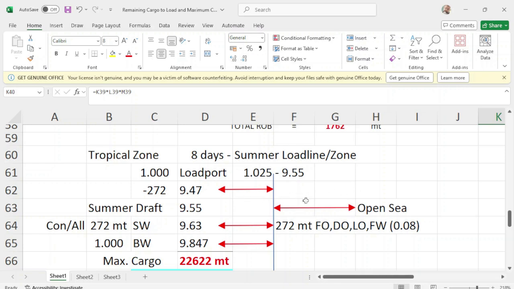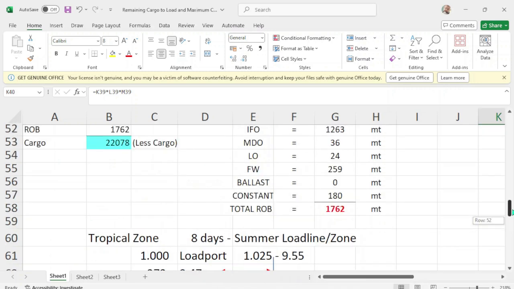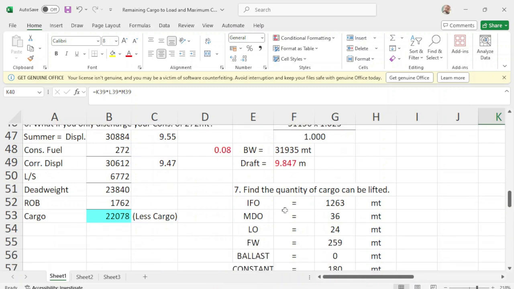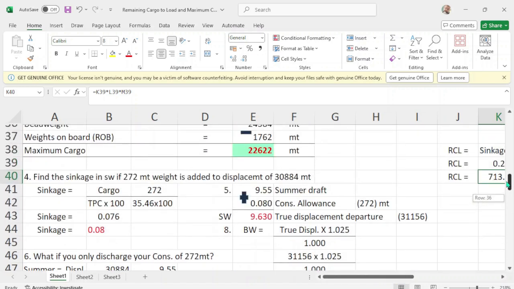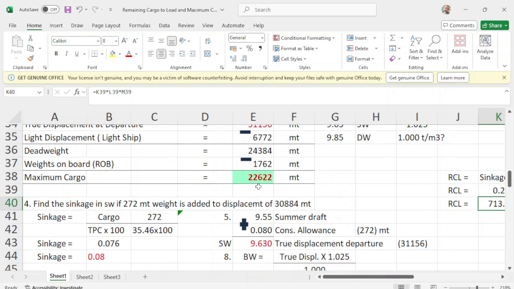And I think you will have less cargo. So what happens if you have less cargo here? I'm sorry, this will be minus your lightship. This is corrected displacement minus your lightship. This is your deadweight minus your ROB. Your cargo will be 222,078 instead of 22,622.